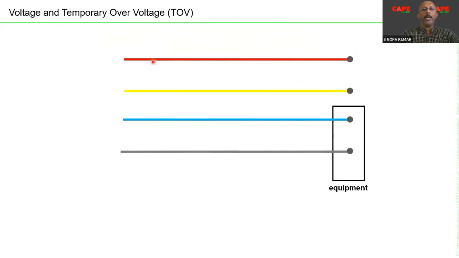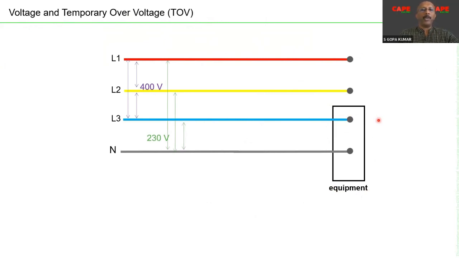I am showing you a three-phase network, line 1, 2, 3, and a neutral. You have a single phase equipment connected to this particular line. Between L1, L2, L3, you have 400 volt, perfect. Between the lines and the neutral, you have 230 volt.